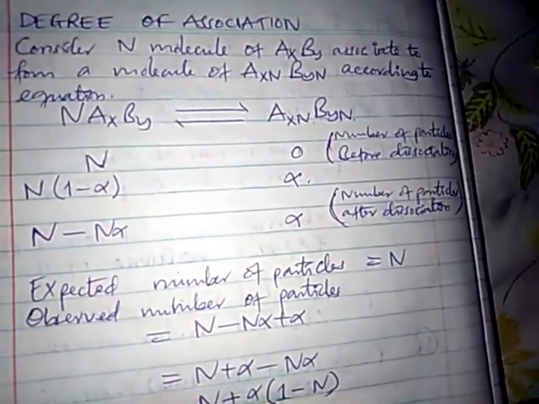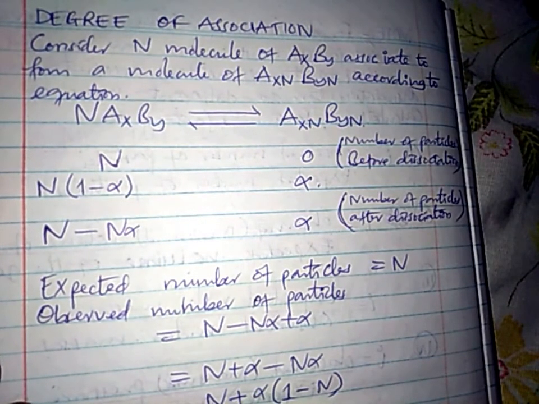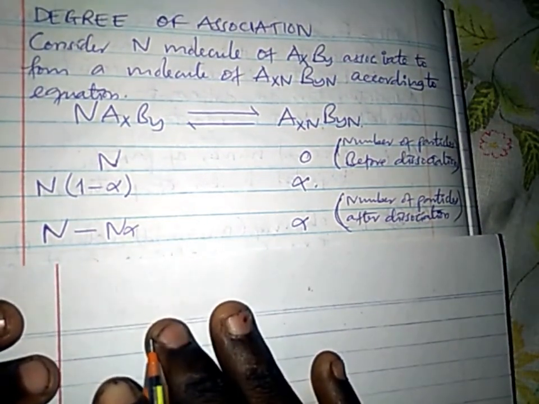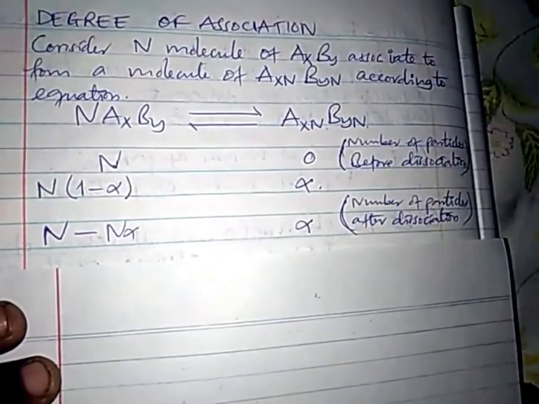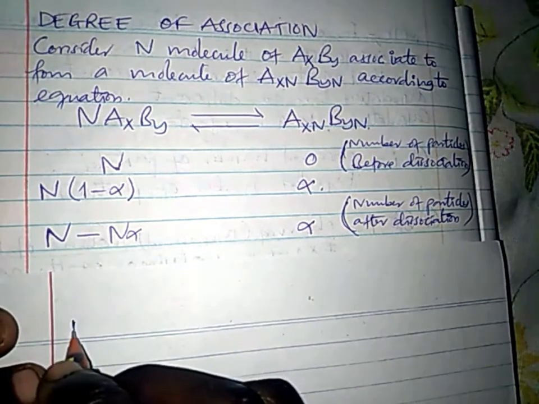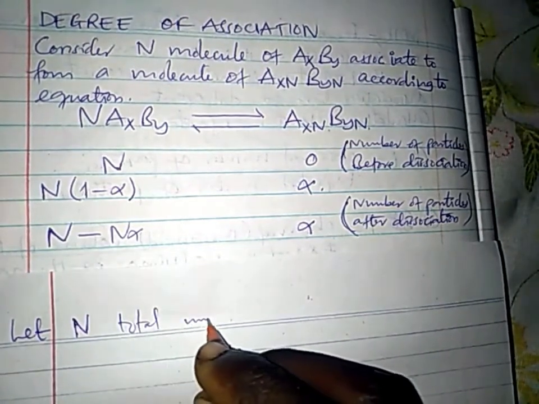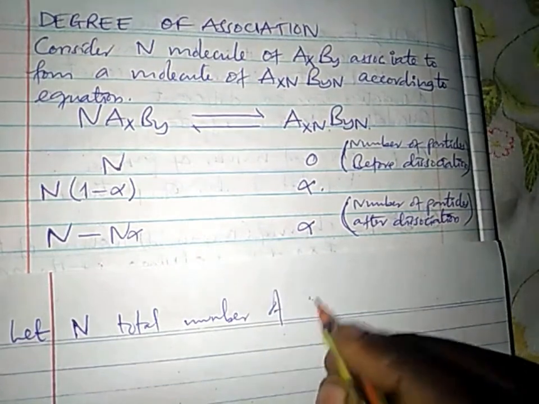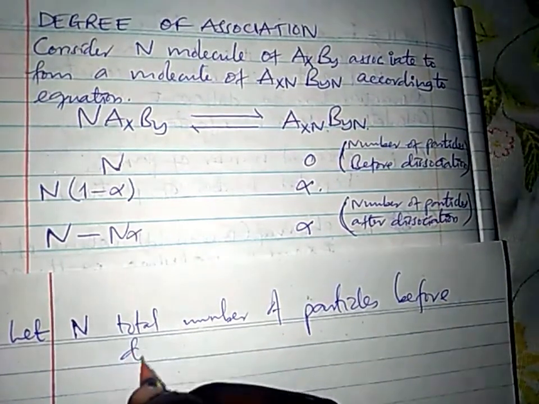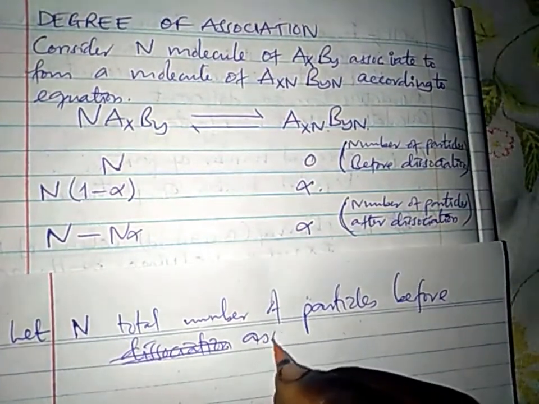Now let's see how we can calculate the degree of association of gases. In this concept, let n be the number of particles before association, not after as in dissociation.